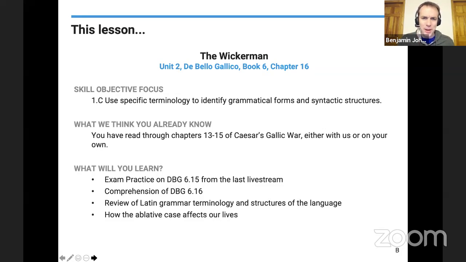We'll talk about how this works and whether it works or not, but we'll save that for later. Today we're going to focus on using specific terminology to identify grammatical forms and syntactical structures. We're going to assume you've already read chapters 13 through 15 of the Gallic War, possibly more. You could have done it on your own, or you could have stayed tuned to all of these fantastic live streams here on YouTube, because we've covered that in the 3 previous lessons.